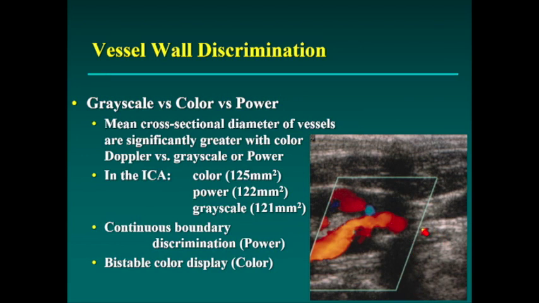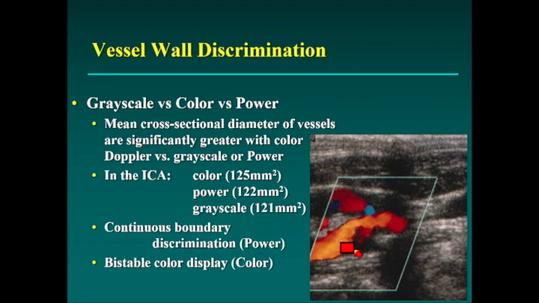And the reason for that is that power Doppler, which measures the intensity of the returning signal, is what's known as a continuous boundary discriminator. The intensity of the representation decreases as you approach the boundary. Color, however, is what is known as bistable. And what's happening here is, representationally, it's the mean velocity within that pixel that's represented.